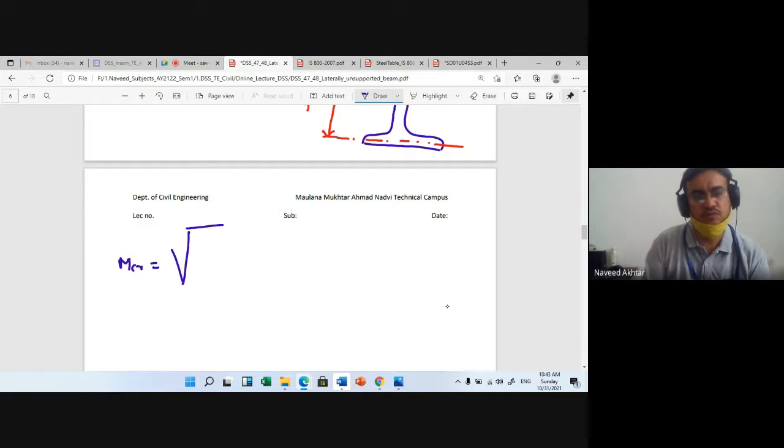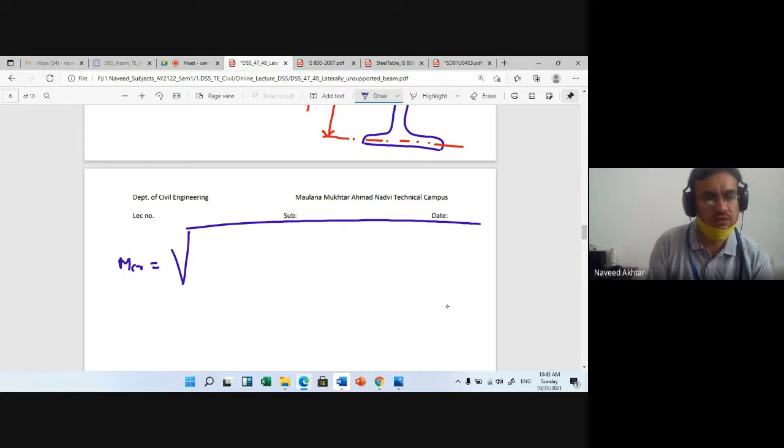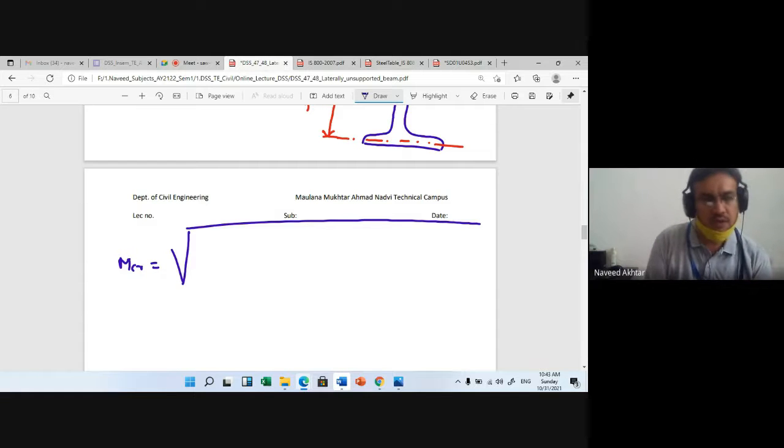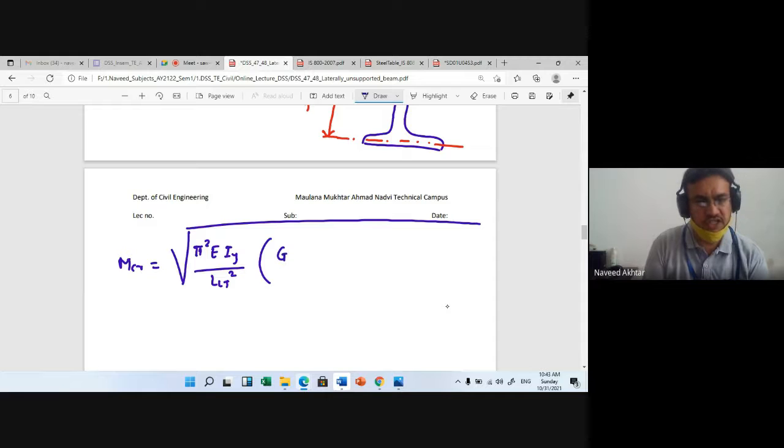MCR is equal to the big under root of pi square EIY divided by LLT square, in bracket GIT plus pi square EIW upon LLT square. Okay.